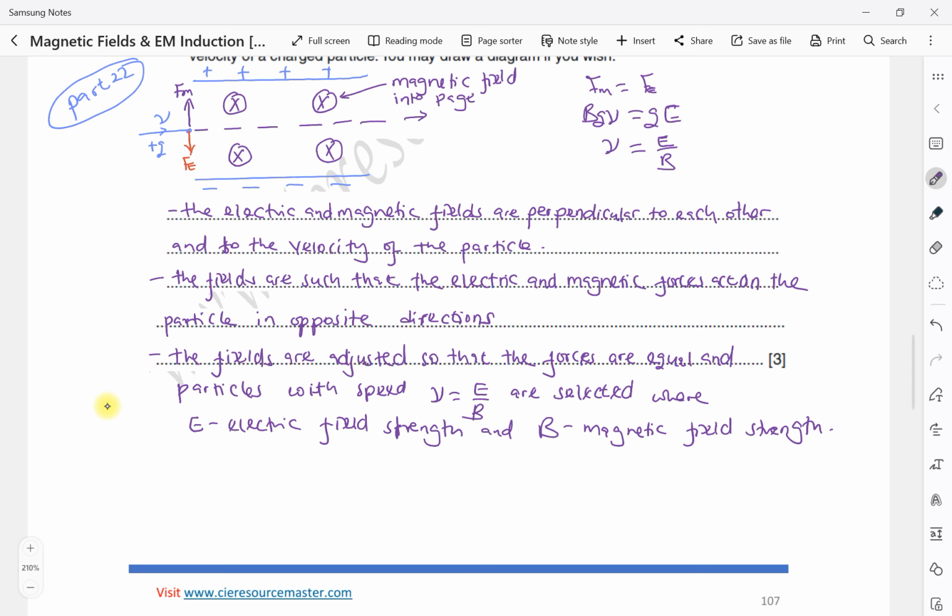So when you write the three statements, you don't even need to draw a diagram, but when you draw the diagram, you can just write one statement: that the particles whose speed is equal to E over B are selected.